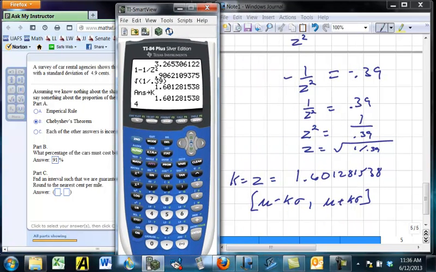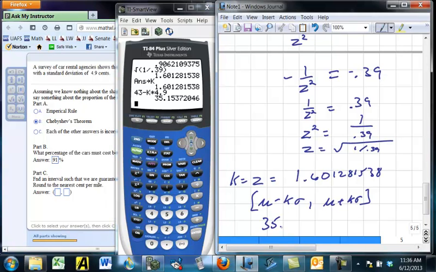So we do 43 minus that k times the sigma, which was 4.9. This will be the lower end of my interval. 35 point, well, it says round to the nearest cent per mile, which is about 35, a whole number here, because the units are cents per mile.